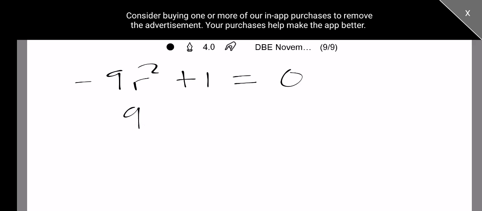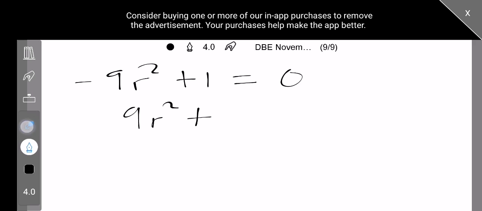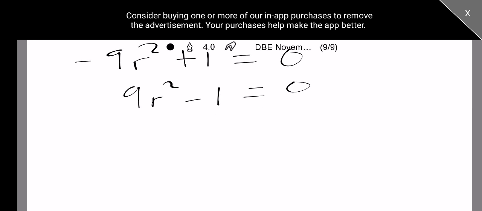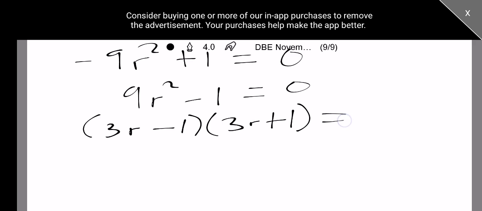We're going to be left with 9r squared minus 1 equals 0. Must be tired guys, it's been an hour. So this is a difference of two perfect squares. Let's factorize. It's going to be 3r minus 1 times 3r plus 1 equals 0.